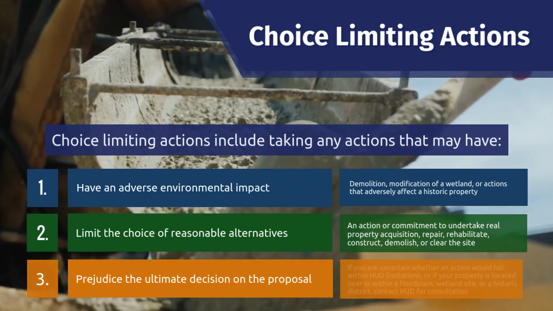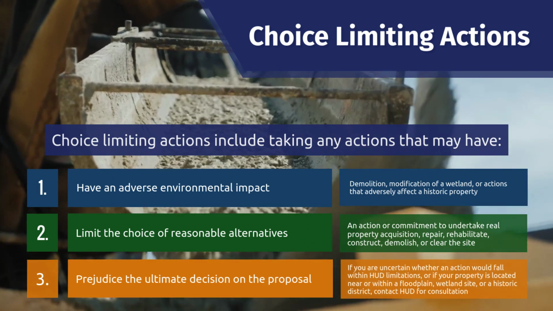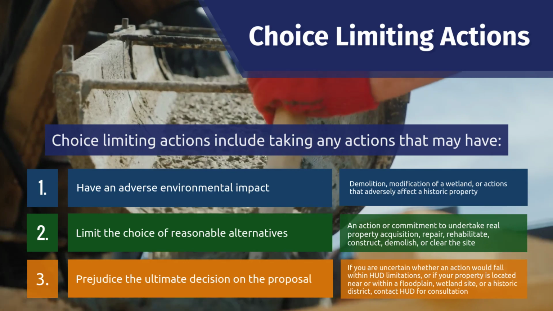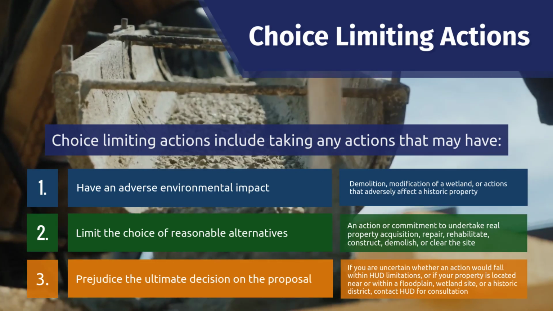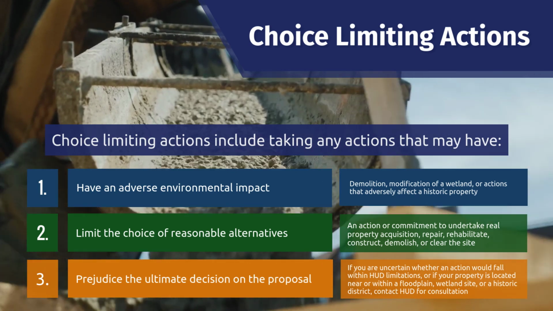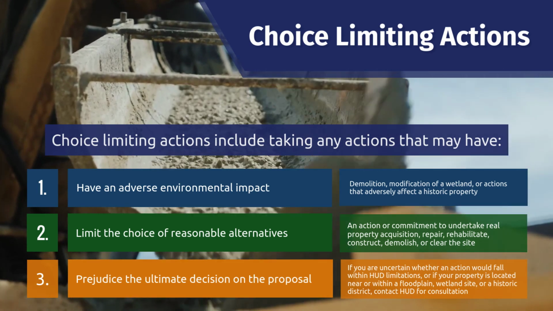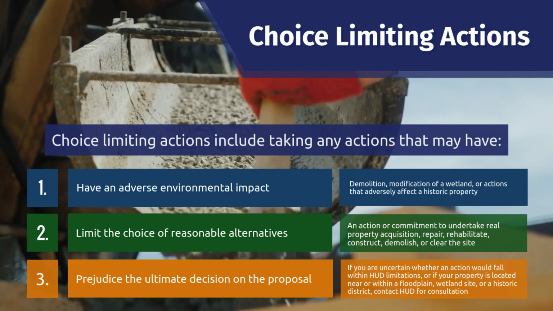If you are uncertain whether an action would fall within HUD limitations, or if your property is located near or within a floodplain, wetland site, or a historic district, or have any other concerns, you should consult HUD before taking any action. Your HUD Transaction Manager is ready to assist you.